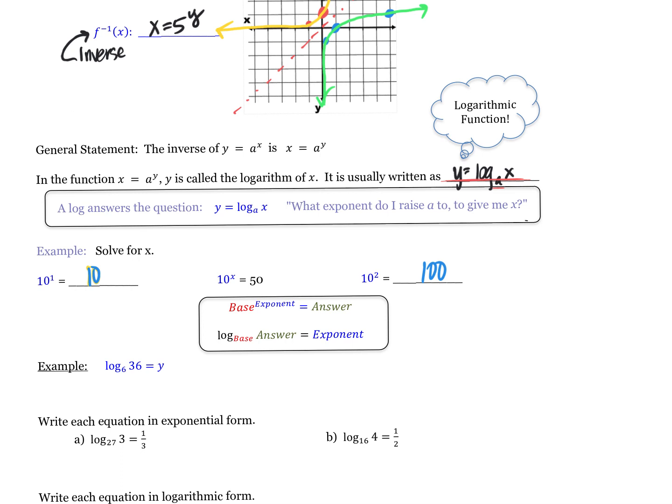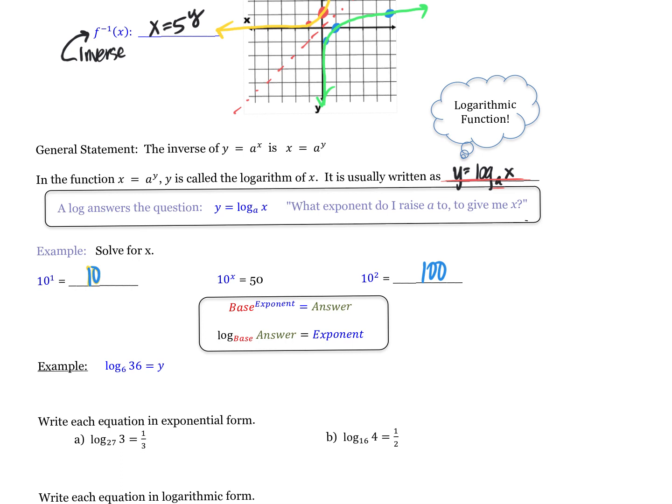6, let's try 9, 1.699. Oh, 10 to the 1.699. Ooh, it's a little big. 10 to the 1.698.